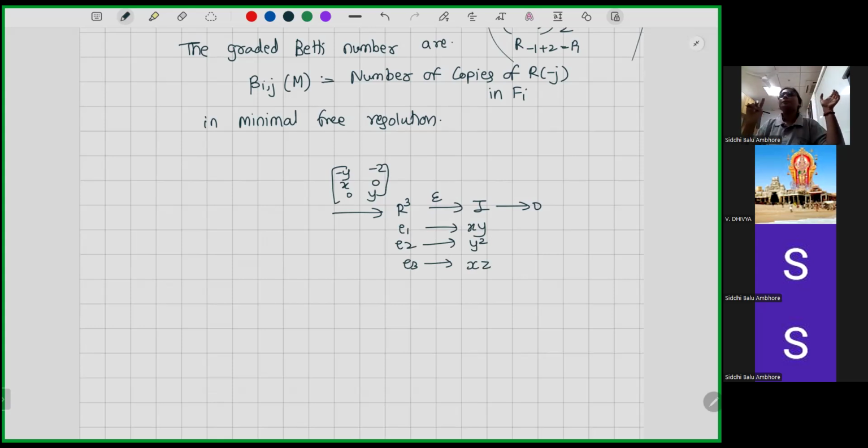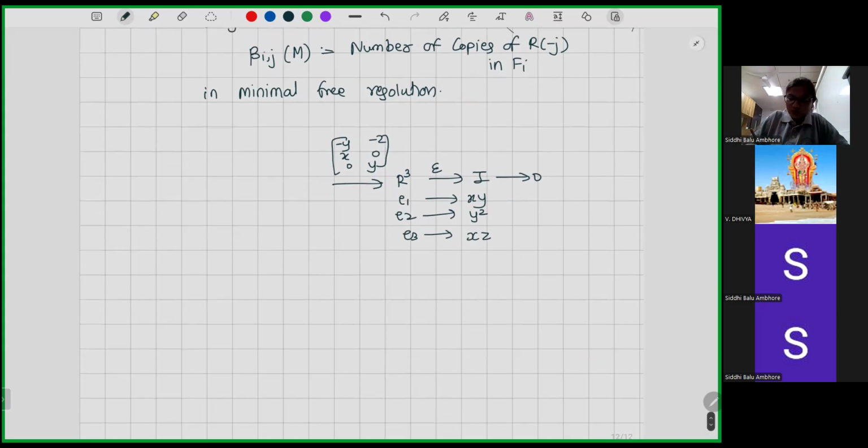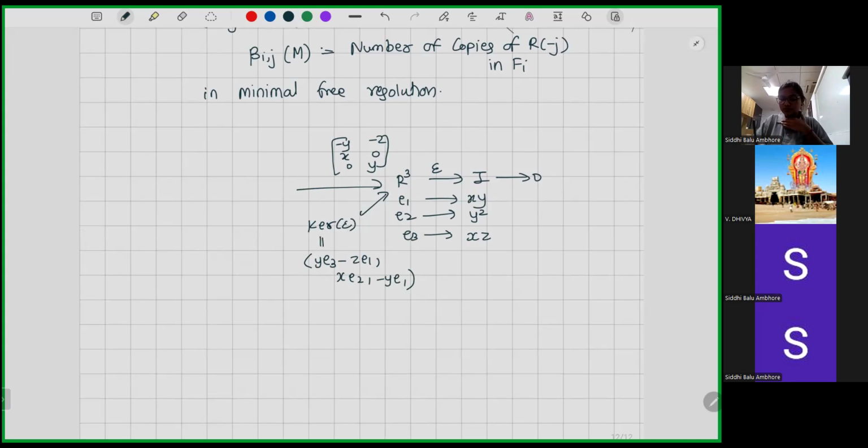And this is now again a free module, right? And I have these 2 elements here. What are these 2 elements? The kernel of this epsilon, with the inclusion, is generated by ye3 minus ze1, comma, xe2, comma, minus ye1. This is what my kernel is generated by.